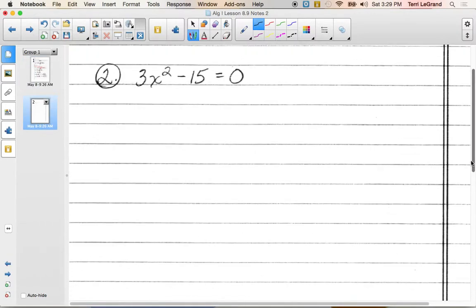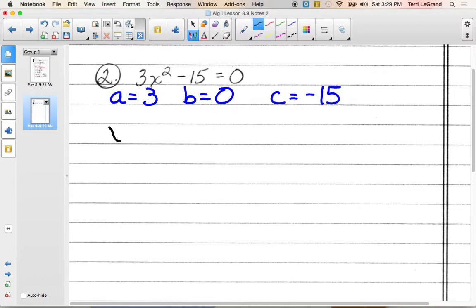For this one, again, it is already set equal to 0. The polynomial part is in standard form, so we can go to work writing down what our a is, which is 3, our b, which is 0. There are no x terms, and c equals -15. We still can use the quadratic formula when b or c are 0.